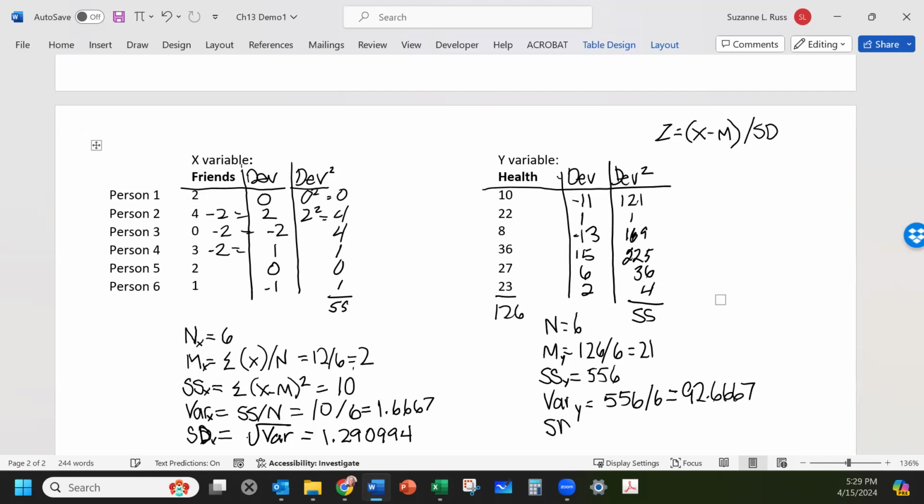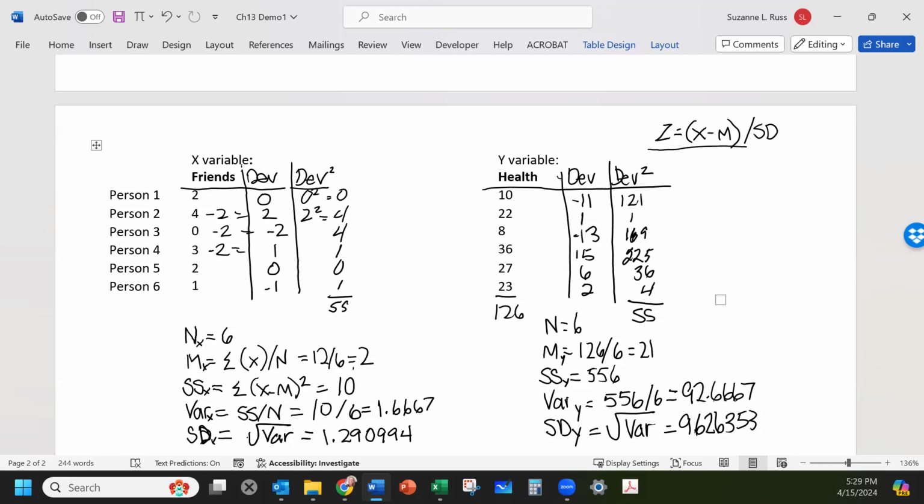And the standard deviation for y is the square root of the variance, which equals 9.626353.